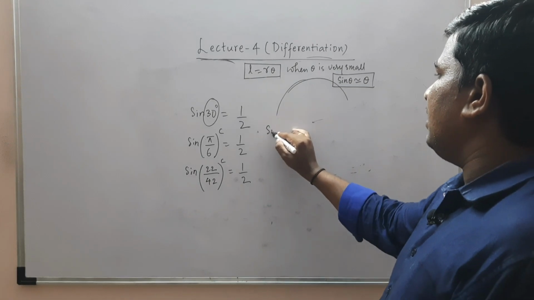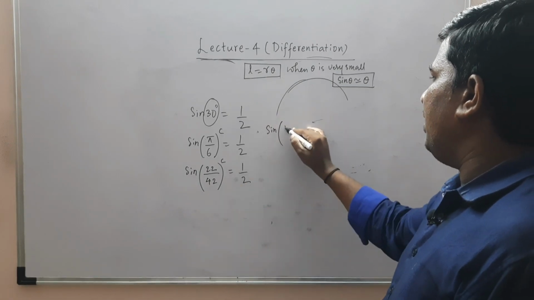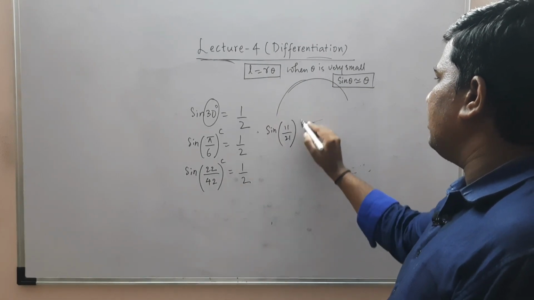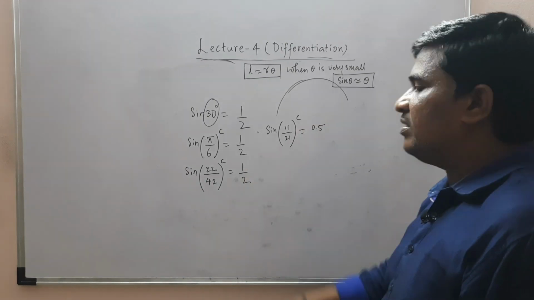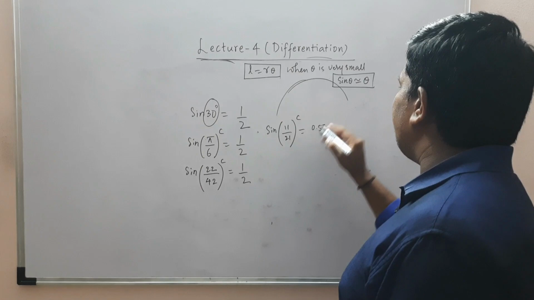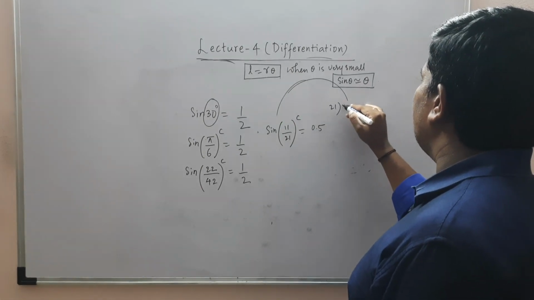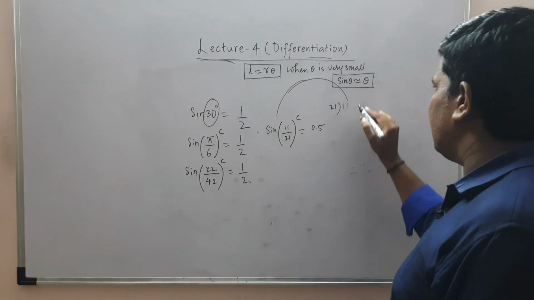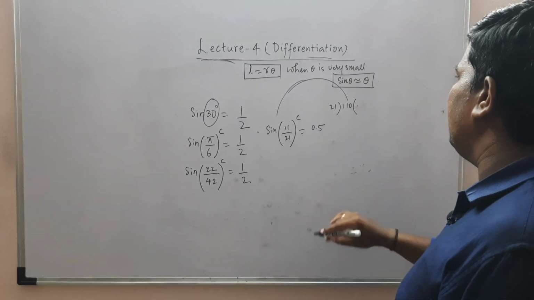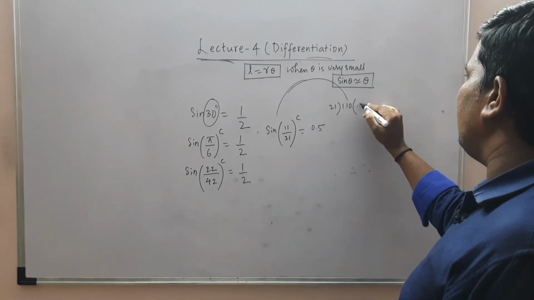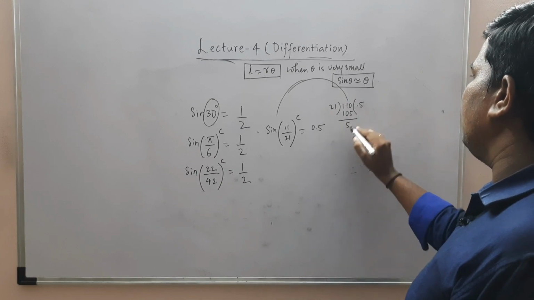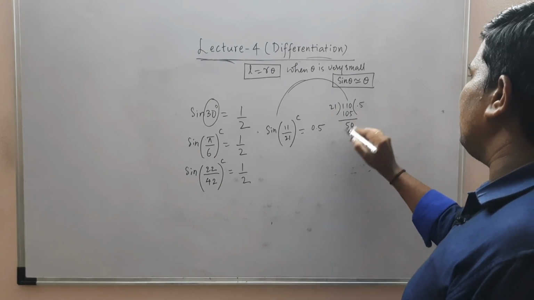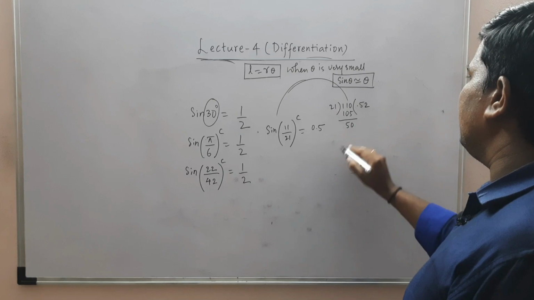So sine of 11 by 21 radians should be 0.5, because 1 by 2 is 0.5. What is 11 by 21? 21 5s are 105, so 5 is the remainder. 21 2s are 42.